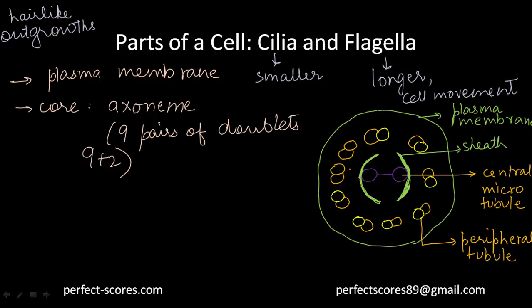And then there are extensions coming out from these, which are known as radial spokes. And then there are small bridges between these microtubules. These bridges are known as interdoublet bridge because they are present between two doublets.